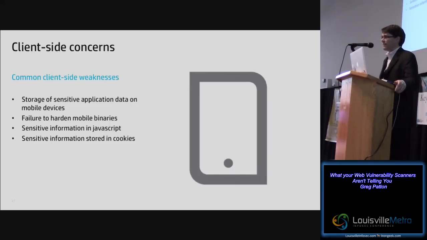A couple quick client-side items I see in the web world a lot are just sensitive information in JavaScript. A lot of the source code analyzers and even the dynamic web vulnerability scanners have gotten a lot better at analyzing JavaScript, and they can parse through a lot of commonly known strings, such as password equals XYZ. Scanners will really pick up on that information, but often find other sensitive information that gets hidden in there. Very similar to the mobile world, we'll find developer names, developer email addresses, various API keys, just general information about the application.